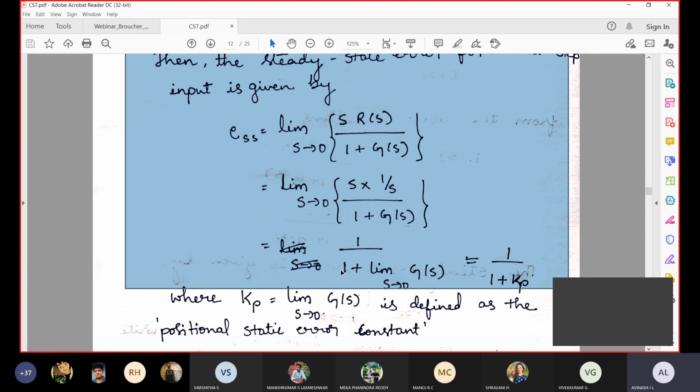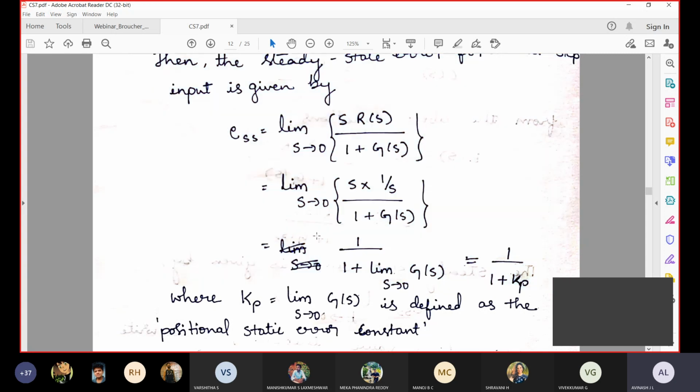Here 1 is a constant, and we cannot apply the limit to a constant, so the constant is kept as it is, plus limit of G of s, which is a function of s. So we can apply the limit s tends to 0 to G of s.